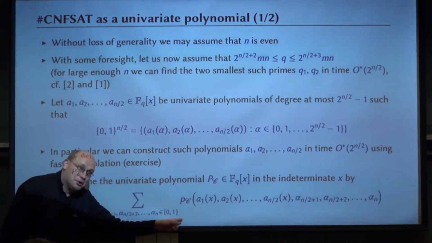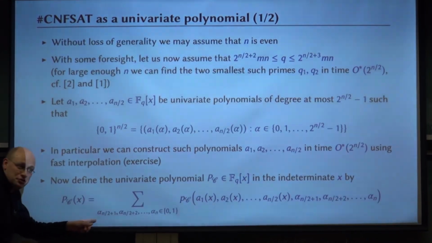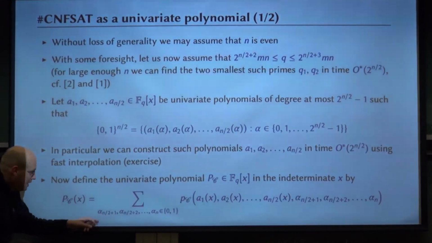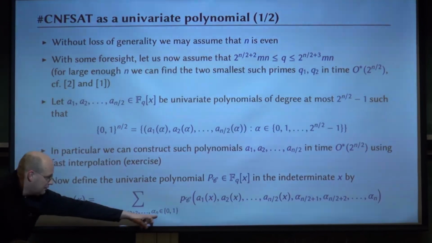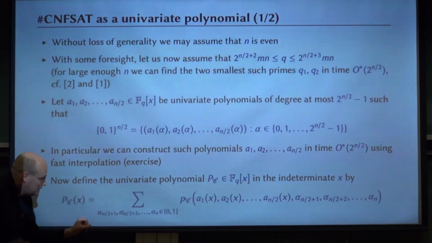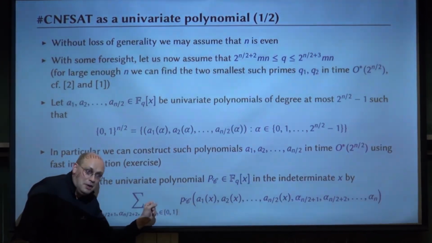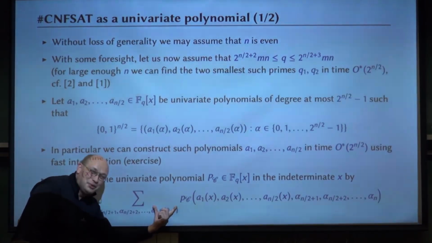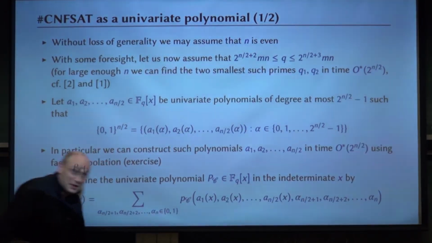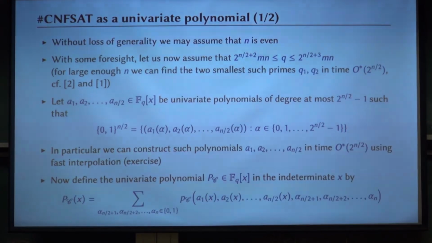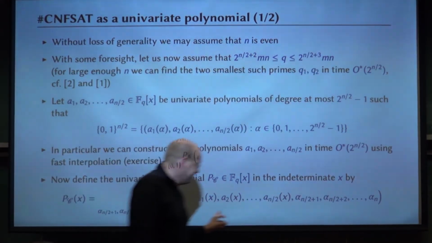Notice I do a little bit of work here. This is an exponential sized sum. In fact, I have n over 2 variables, each taking values in 0, 1. So this sum contains 2 to the n over 2 terms, where again the n over 2 is in the exponent. And what am I summing? What is each term like?